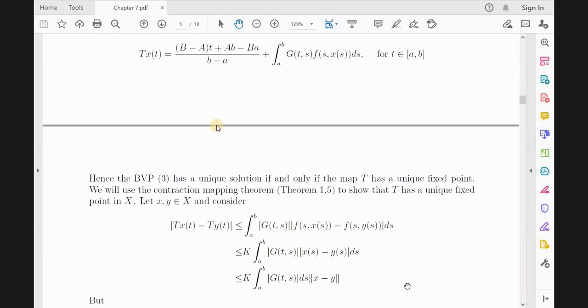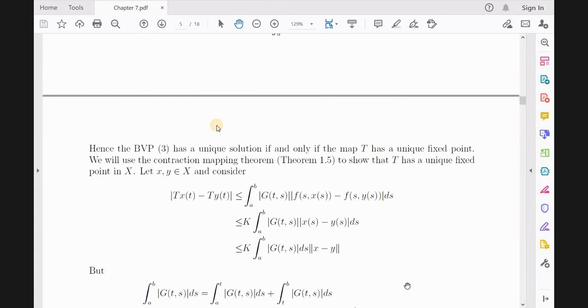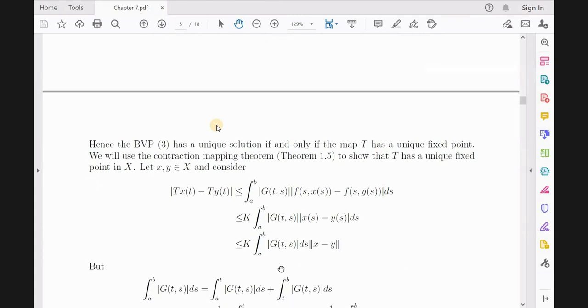Now you can see the integral from a to b of the absolute value of g(t,s) ds is the integral from a to t of the absolute value of g(t,s) ds plus the integral from t to b of g(t,s) ds.